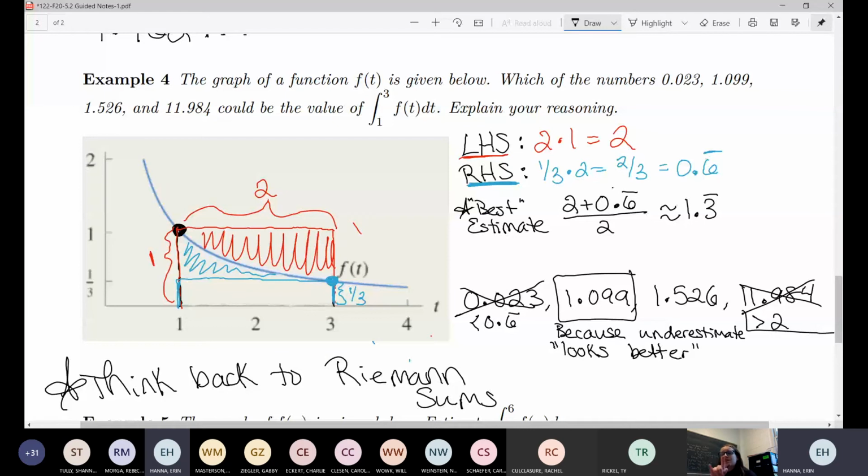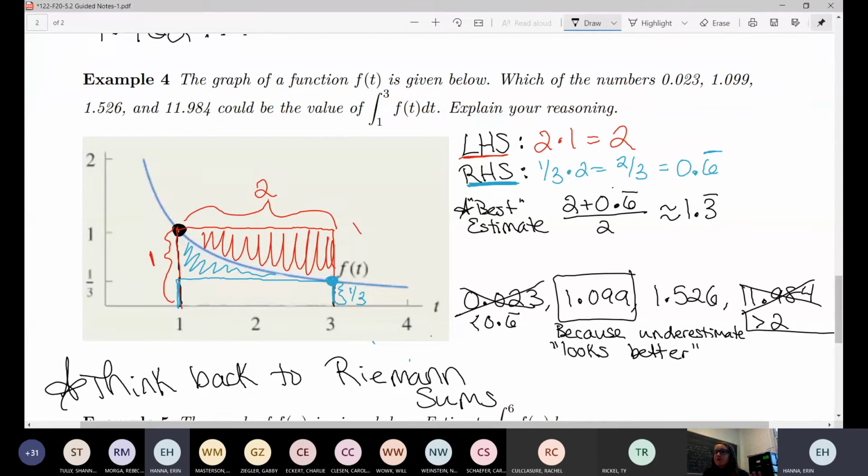Now again, if you cut down between the two of them and you said that they were both pretty good estimates, I would agree with you. But if we do a little tiny bit more thinking, it does seem like the smaller of those estimates is probably the safer bet, because the smaller estimate, according to the picture, is probably closer to the actual value than the higher one. So we'll say that this looks like it's probably going to be about 1.099.